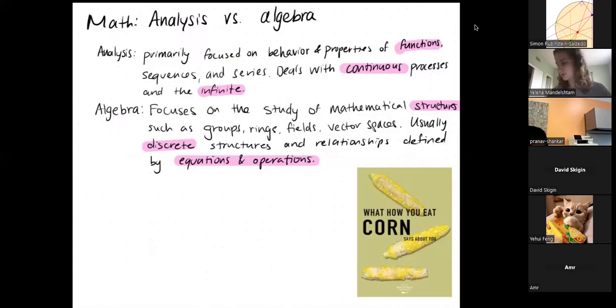It's really good if these two sides can talk to each other well, because if we can use insights from analytic techniques to tell us more about the algebraic things, that's good. More tools is always a good thing.